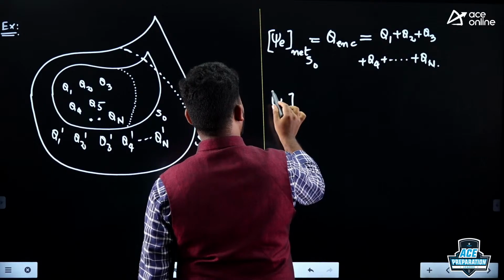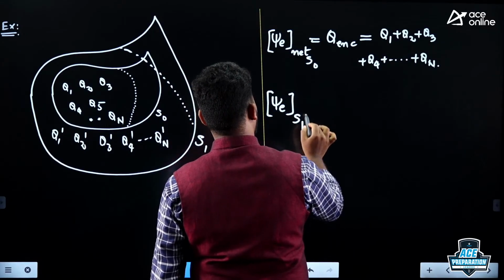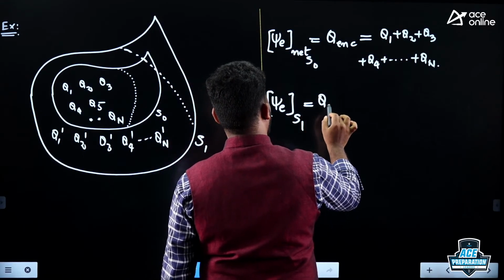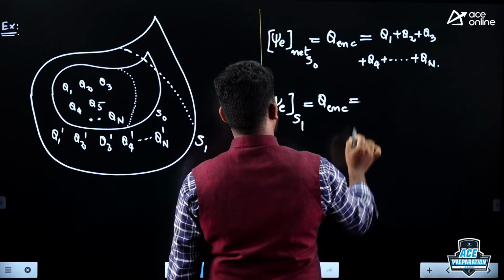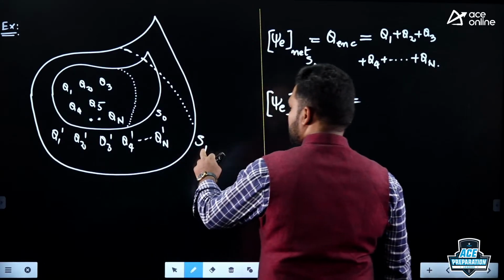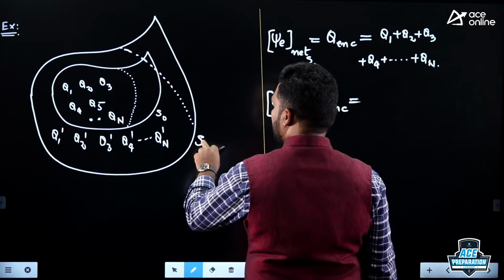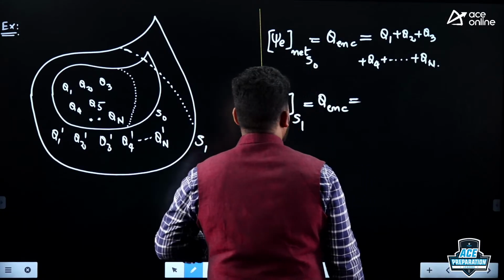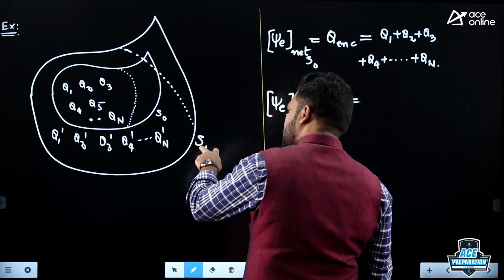Flux through S1 is equal to charge enclosed, Q enc. What is the charge enclosed by the S1 surface?